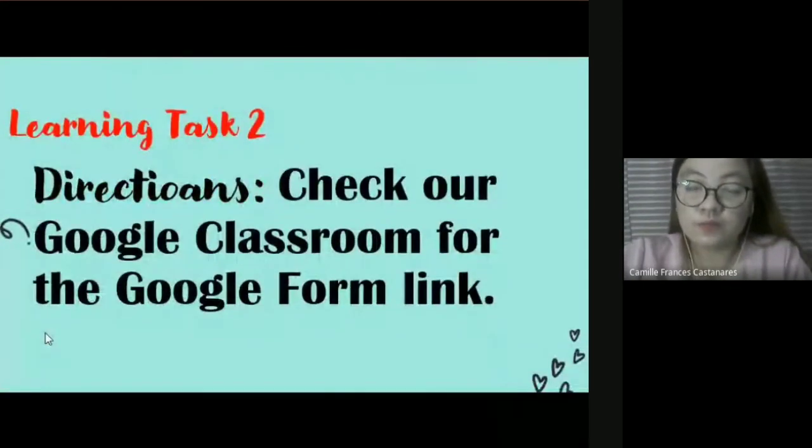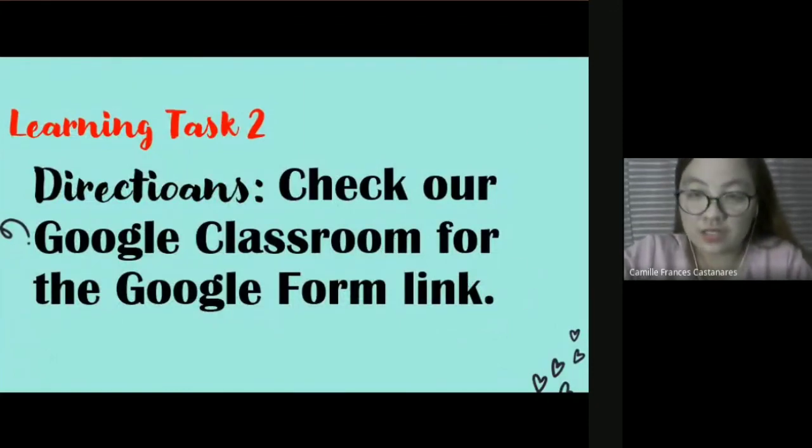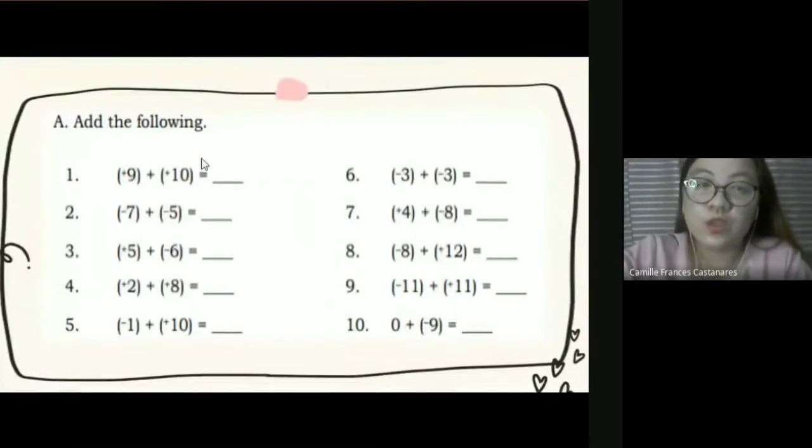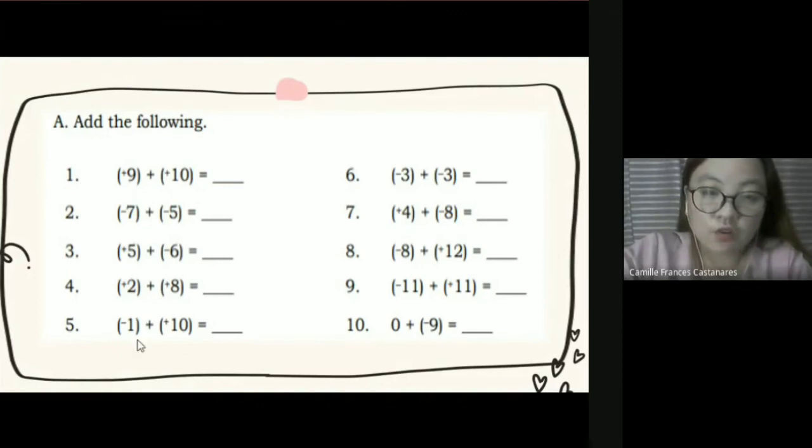So, punta tayo dun sa inyong Google Classroom. Then, click nyo yung link dun sa classwork natin para masagutan nyo yung learning task number 2. So, we have first part, add the following integers. So, may nakalagay na dyan kung ano yung sign. So, dito sa first part natin, addition rule.